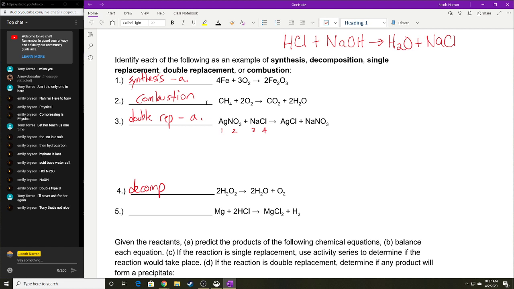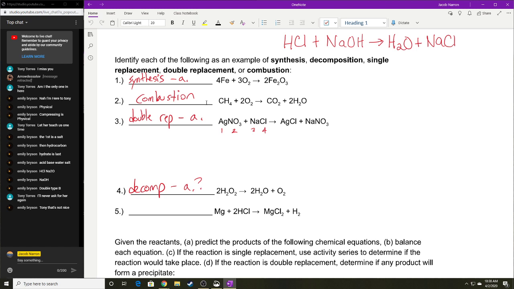The thing is, it doesn't really fit into any of these molds. Hydrogen peroxide, hydrogen's acting like a metal, but it's not a metal. So I would just say decomp, just type A. We'll just say type A for now. But that one's kind of weird.